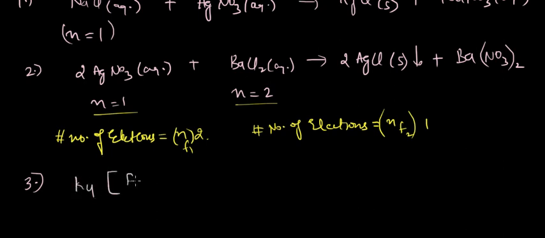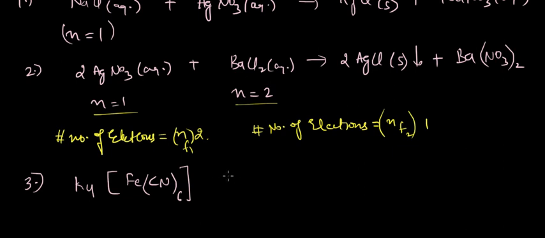We have K4Fe(CN)6, and what would be the number of CN? So we are putting it at 6.